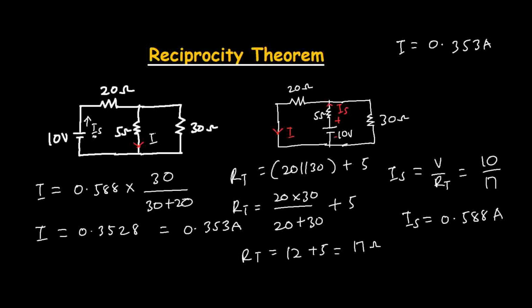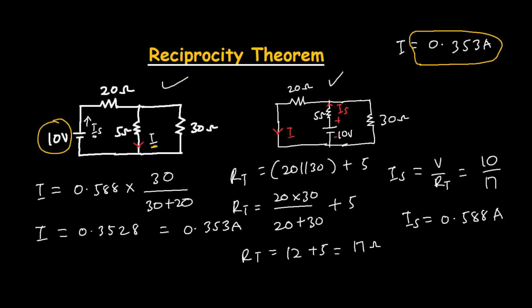So what do you see here? You see that in these two circuits that I have here, for the first circuit, considering where the current I was and where the 10 volts voltage source was, we got this current value here, 0.353.